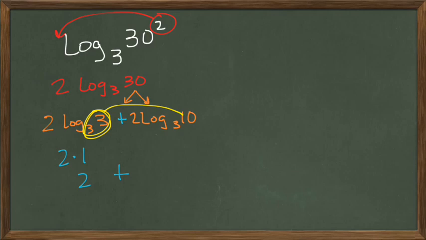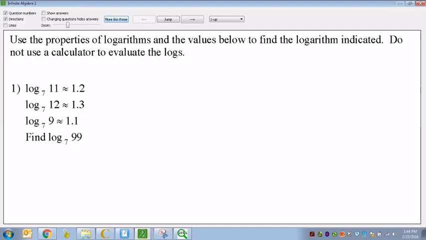So enter this kind of problem, where it says use the properties of logarithms to find the value of the logarithm without using a calculator. We have to evaluate log base 7 of 99 without a calculator. But like I just explained, what if I could split this up?